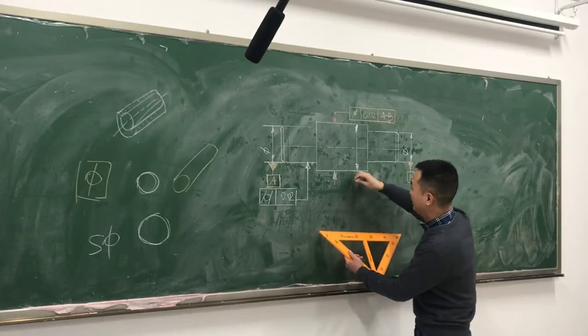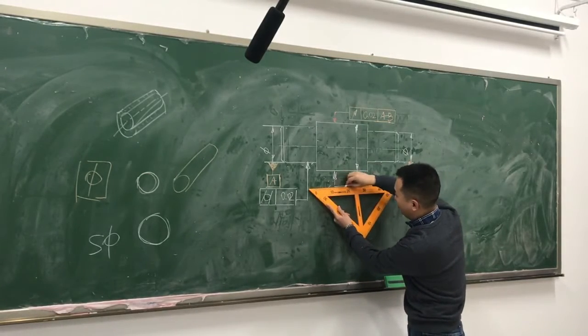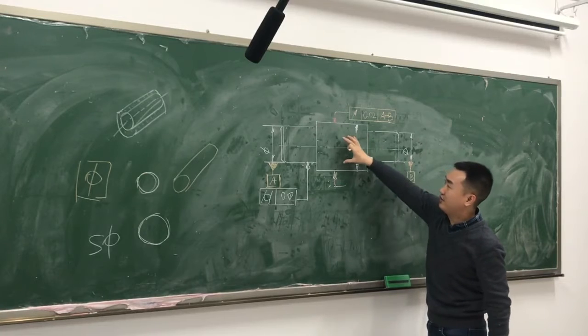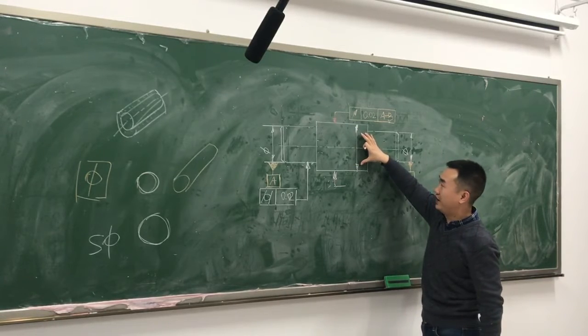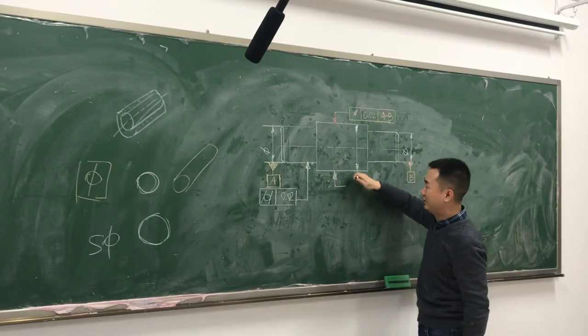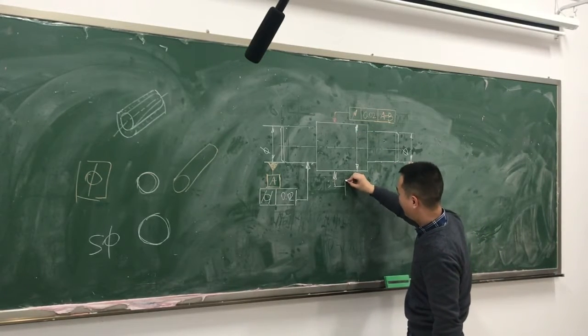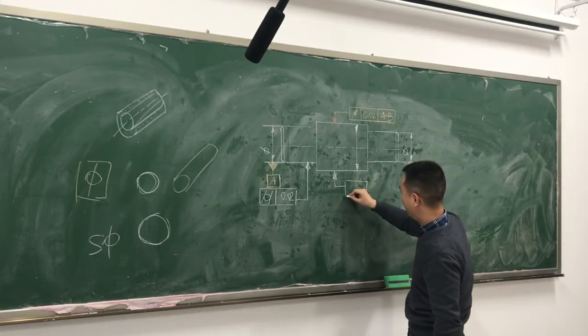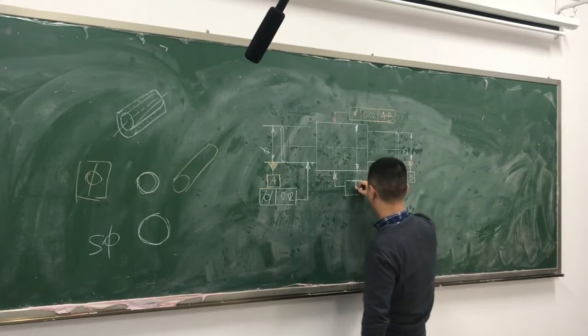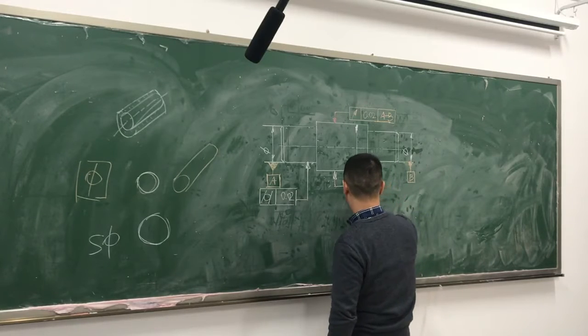You just change the place of the dimension line here, so for this one, it will become correct automatically. Just this is the circularity.